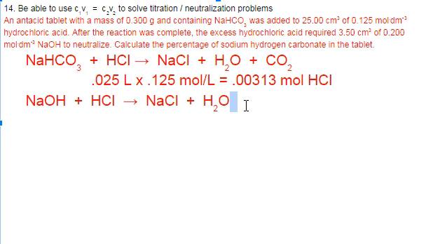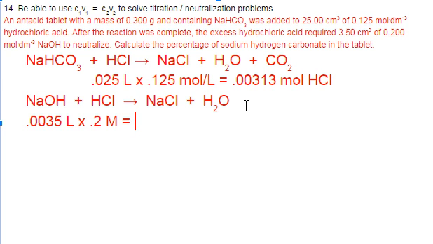Well, then I go down here and look at what happened when I titrate with NaOH. I used 3.5, or 0.0035, liters of NaOH with a molarity of 0.200 moles per liter.